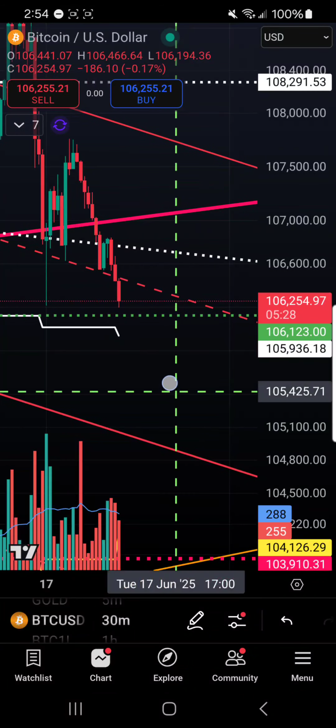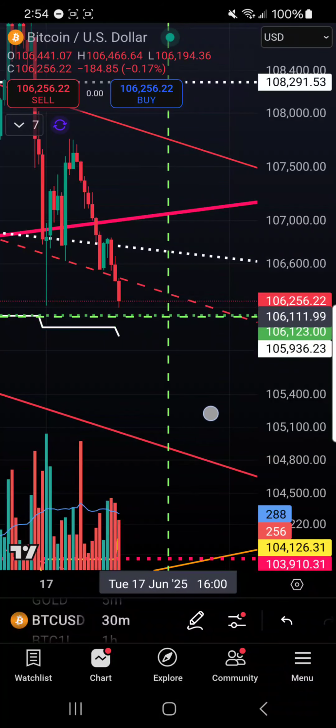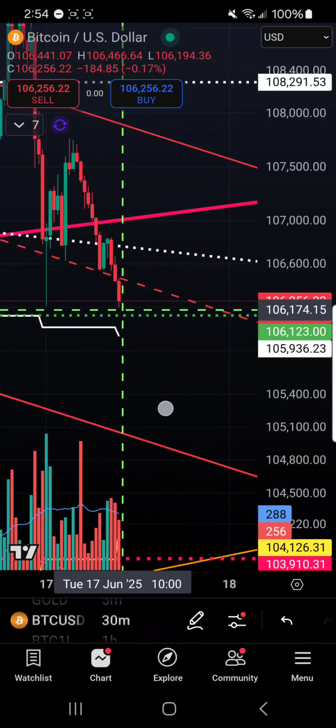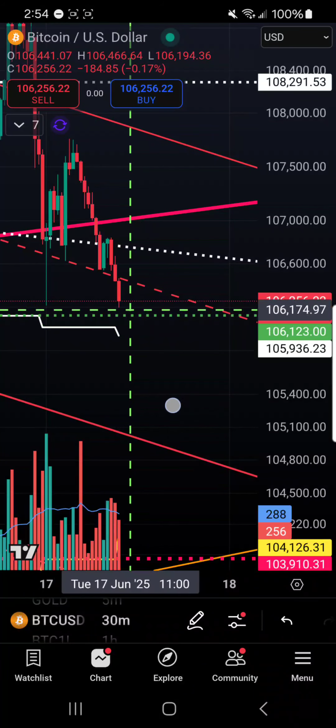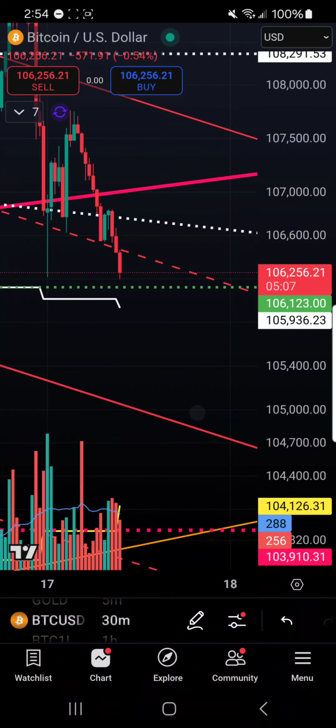Also, that green dotted line is either a weekly or a daily close. It's probably a weekly high close or something. It's some sort of significance there. So we could struggle with support. That could act as support here. This could act as support here. We might have some trouble getting through that.